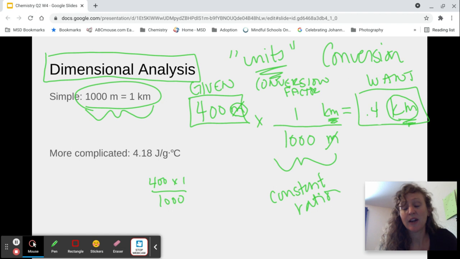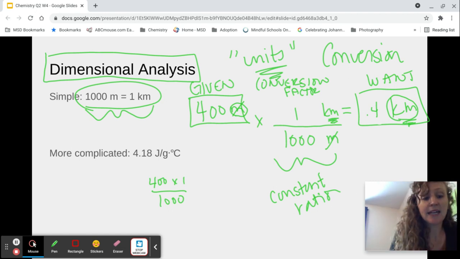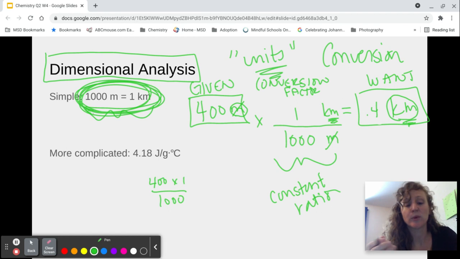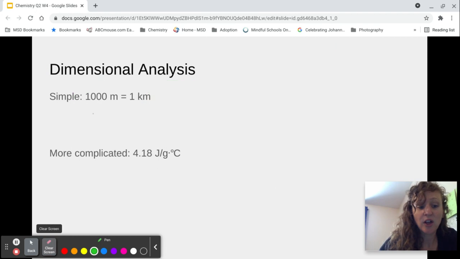Okay, first of all, if I know how to use dimensional analysis, I can use this idea right here of the relationship between meters and kilometers to get out of meters into kilometers. I can also use it to do the opposite, to get out of kilometers into meters.